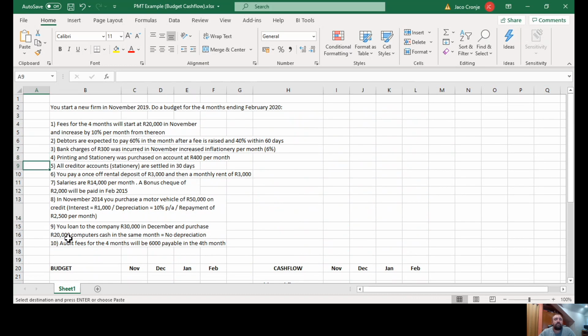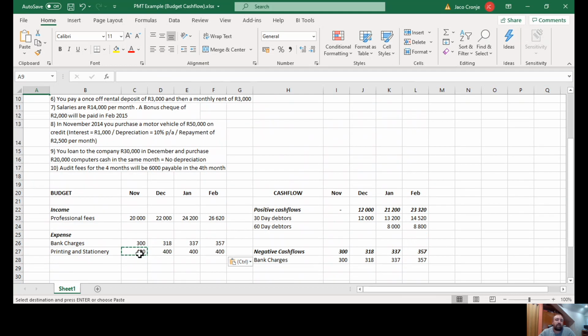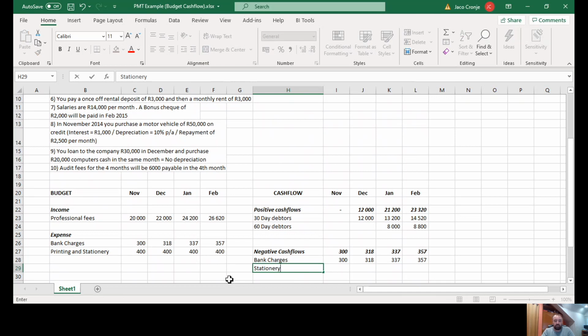But if we then read the very next line, all creditor accounts stationery are settled in 30 days. So now it's telling me that my purchase or my expense that I incurred in November will be paid in December. So I'm going to say negative cash flow, my stationery supplier.